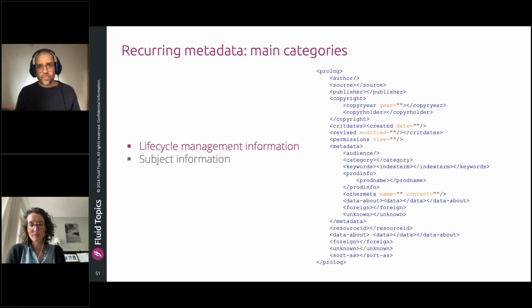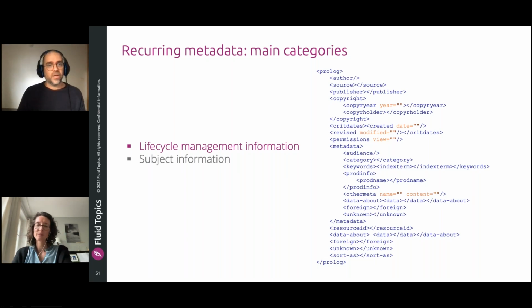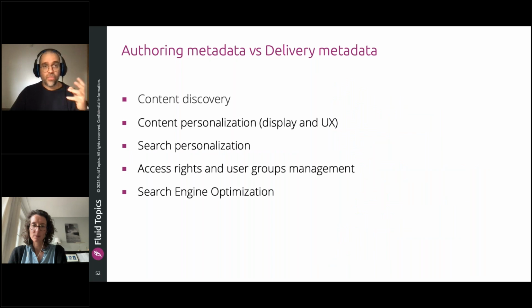Of course, depending on the project, there are the recurring candidates for metadata: author, create date, audience, product info, other meta, sure. But I will consider the two main categories, the lifecycle management information and the subject information. In the context of delivery, we make a distinction between the authoring metadata and the delivery metadata.